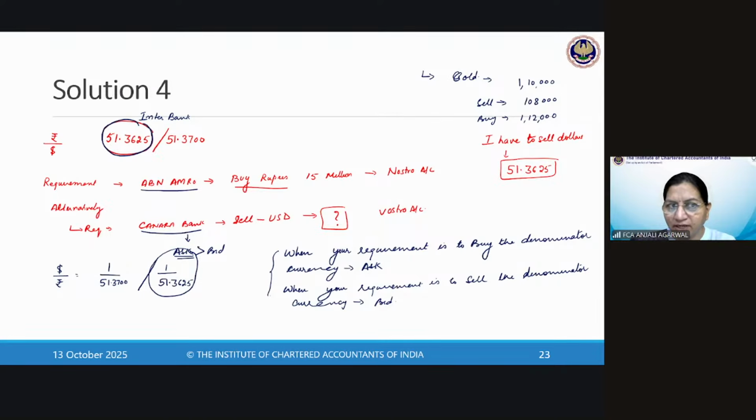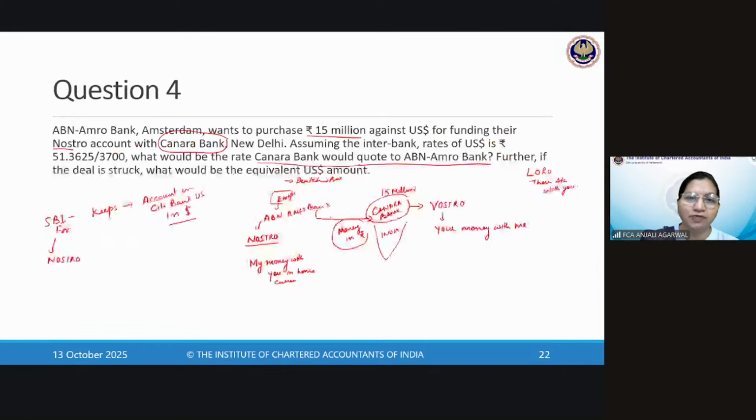ABN AMRO is not directly giving Canara Bank the rupees, right? Canara Bank is an Indian bank, so it will have rupees. But it is holding an account of ABN AMRO in Amsterdam. ABN AMRO wants to give rupee to Canara Bank, but they don't have it, so they are providing it in terms of US dollar.